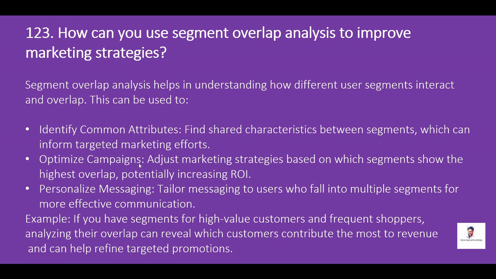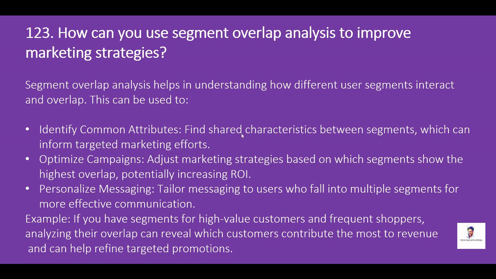How can you use segment overlap analysis to improve marketing strategies? Segment overlap analysis helps in understanding how different user segments interact and overlap. And how can we use it? It is used to identify common attributes, to optimize campaigns, and to personalize messaging.